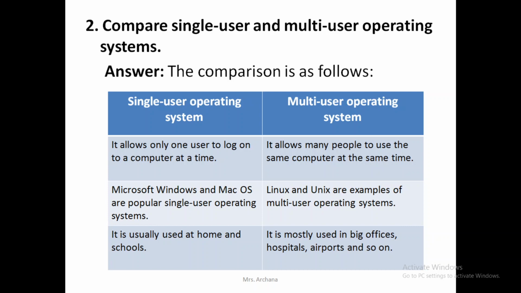Single user, Microsoft Windows and Mac OS are popular single user operating systems. Multi-user, Linux and Unix are examples of multi-user operating systems. Single user, it is usually used at home and schools, and multi-user is used in big offices, hospitals, airports and so on.